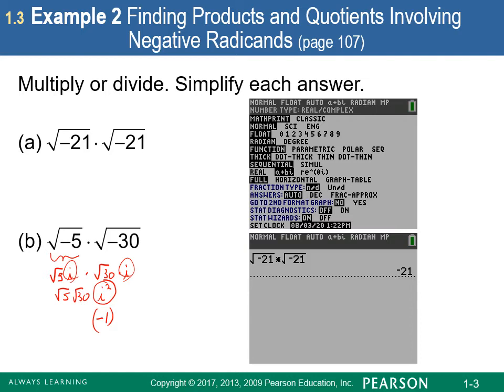The square root of 5 and square root of 30 can be put together into the square root of 150. The negative 1 then multiplied by the square root of 150 would come out to be a negative whatever. Now the square root of 150 can also be simplified.